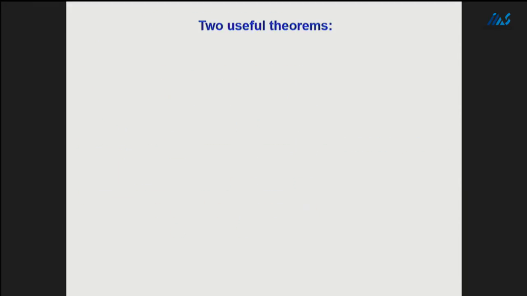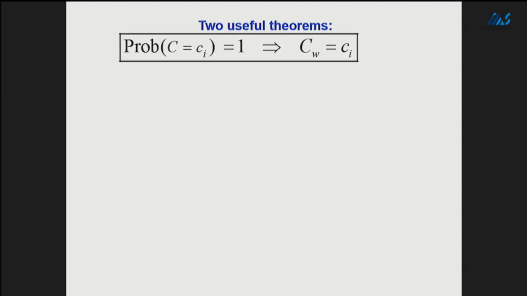Related to this, in the two-state vector formalism, there is a useful theorem. If I have a pre- and post-selected situation in which I'm sure that a measurement of some observable C will give me some eigenvalue with certainty, then I know that the weak value will be equal to this eigenvalue.